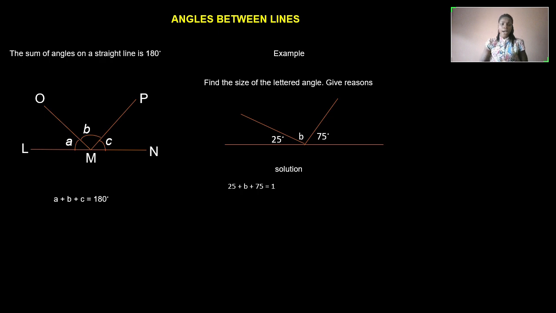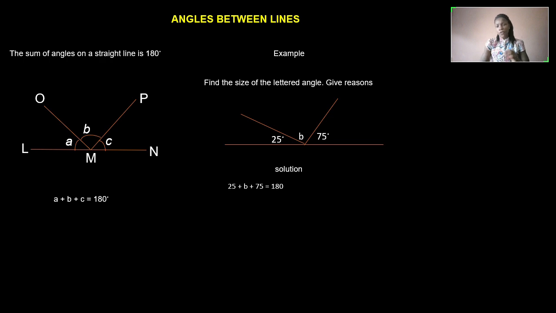Here, we are asked to find the size of the lettered angle, and we are also asked to give reasons. Now, here we have on a straight line, angle 25, angle B, and angle 75.